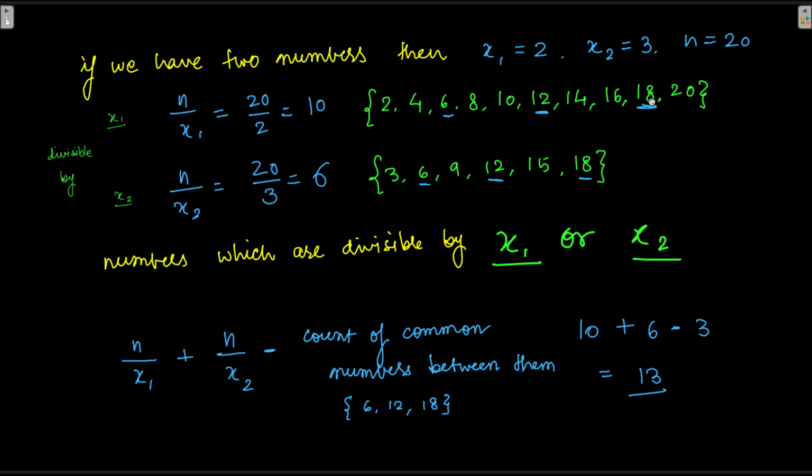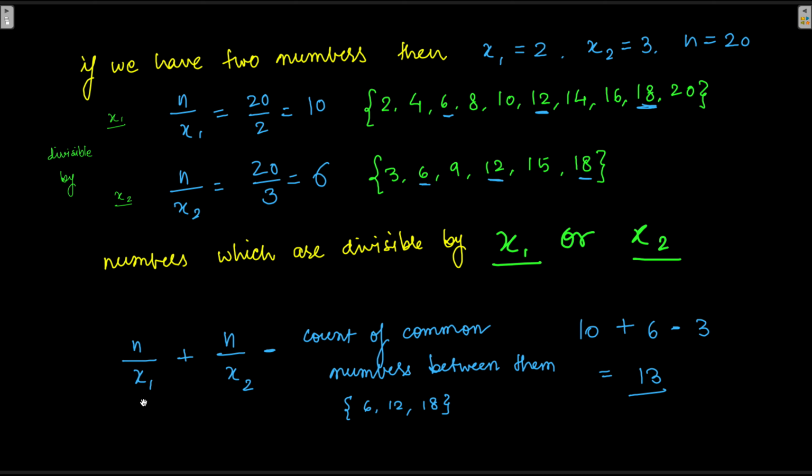So what is going to be our final list? The final list of numbers which are divisible by x1 or x2 or both. That number is going to be n divided by x1, and this is an integer division, which means we take away anything that is coming after the decimal point.